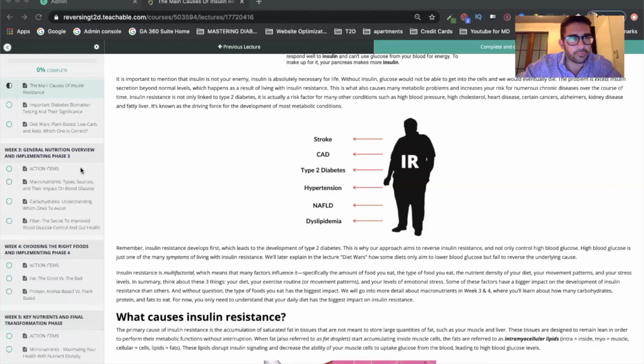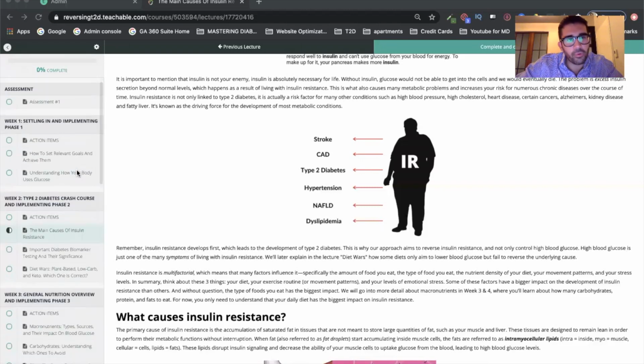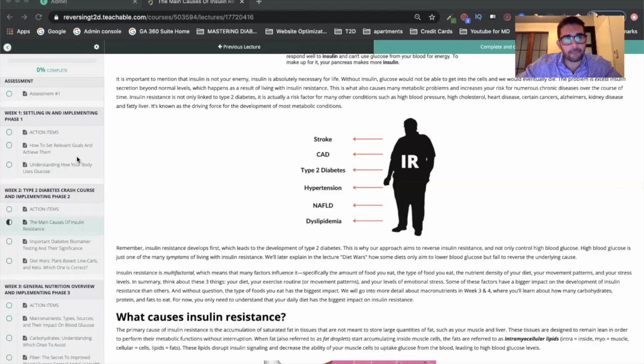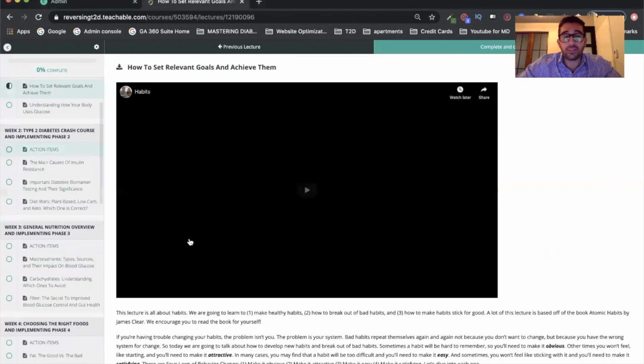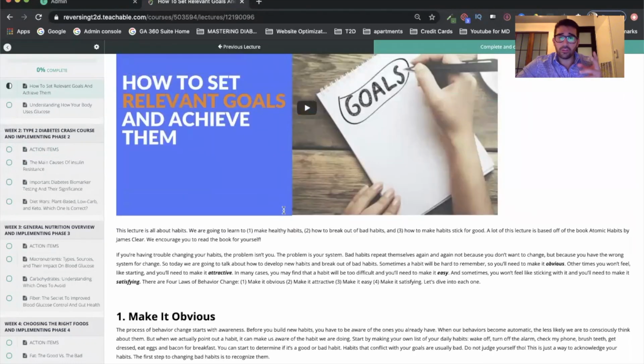So just to show you, one of the most important things that we ask our members to do is to set goals, and we teach them how to achieve them. That is the reason why we teach our members to set relevant goals that will allow them to stay focused on this lifestyle change, right?